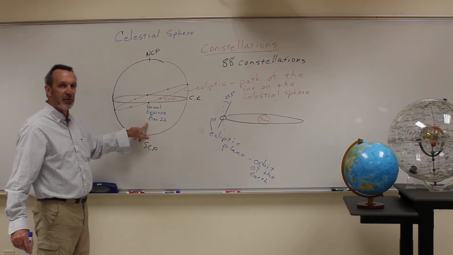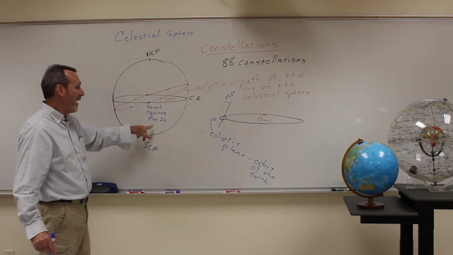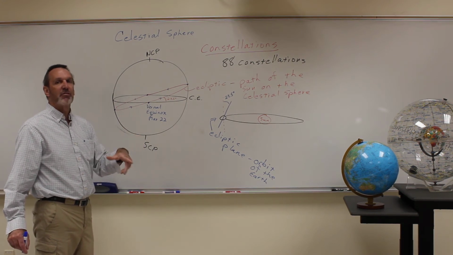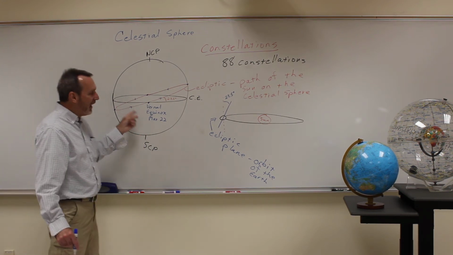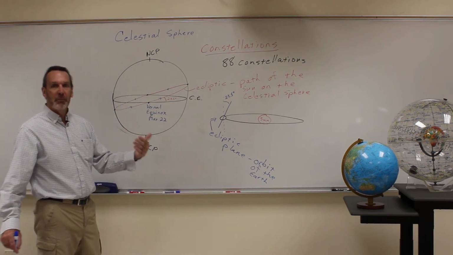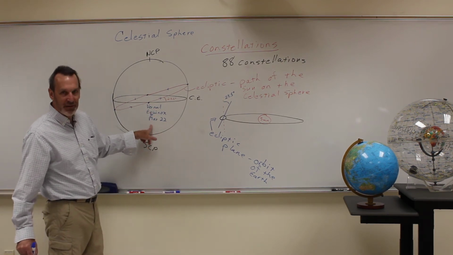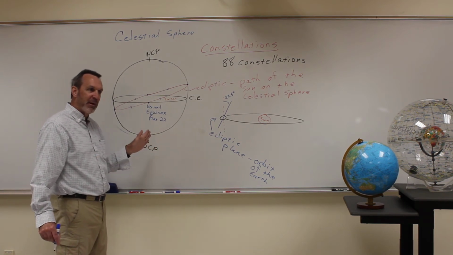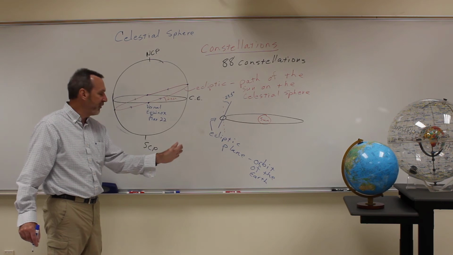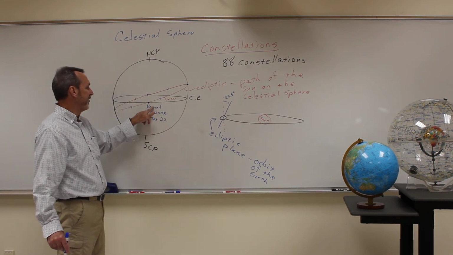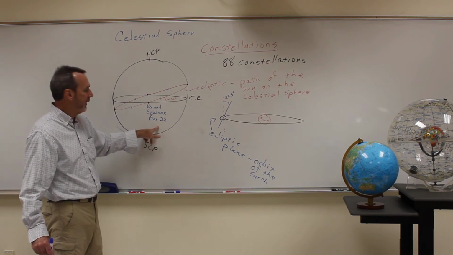It can be the 21st or even up to the 23rd. Why? Because remember, a year is not exactly 365 days. It's 365.25. Well, those extra days add up, and then we have a leap year, and we throw in an extra day of February 29th, and that can shift it. Okay, so then it shifts back to like March 21st, and then over the next 3 years, it gets closer and closer, it moves over, and then we shift it back again. So it varies year to year, but it's always around that point.